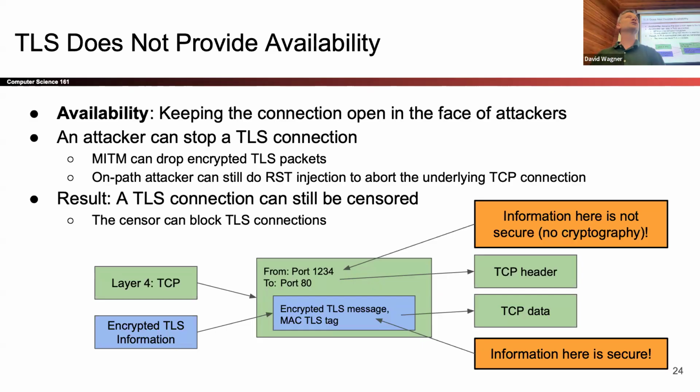They could tell which websites people are going to, not what pages, but what domain names people are visiting in their browser. And if it's a domain name that they don't want to allow, then they can inject a reset packet because they're getting a copy of the data. They're an on-path attacker who could see sequence numbers, so they can send the reset packet, and they can shut down even TLS connections. TLS does not defend against this.